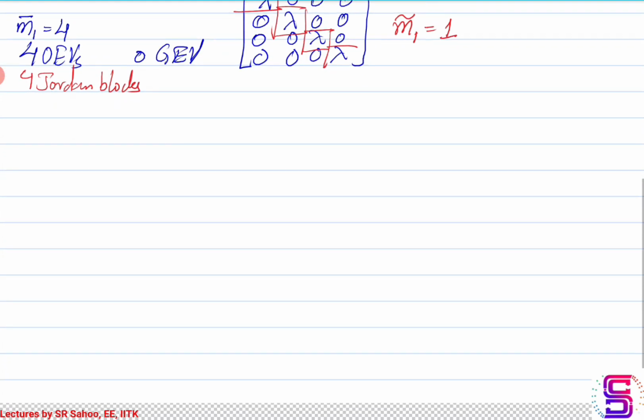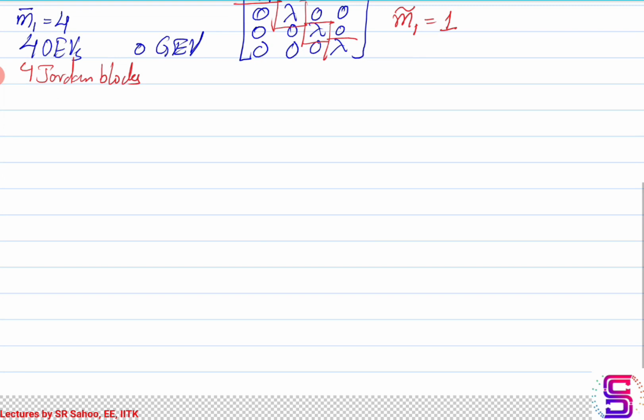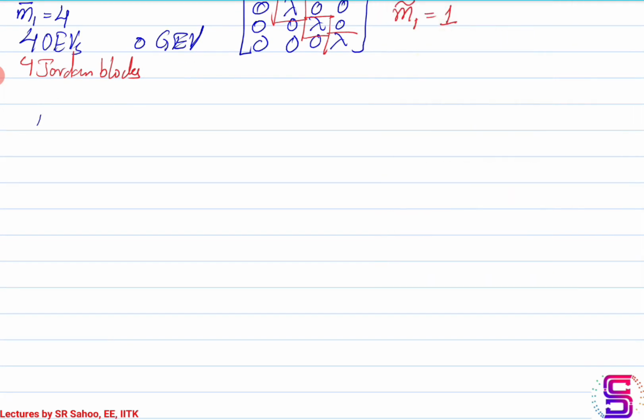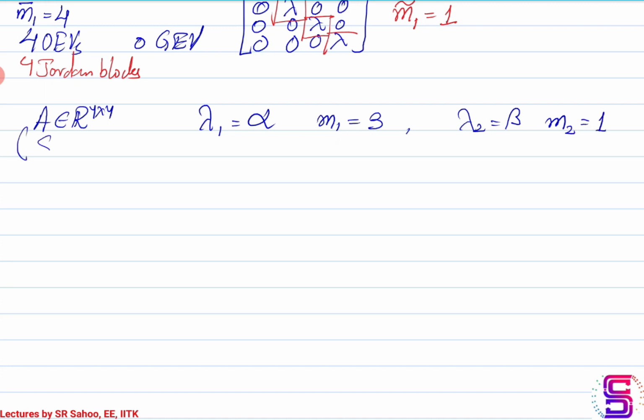Okay, so in both the examples I have taken matrices, assume that all the eigenvalues are same. You can possibly have matrices, let's say, of this form, where one eigenvalue is this with let's say algebraic multiplicity being 3, and the other eigenvalue is this with the multiplicity being, it can be 1.